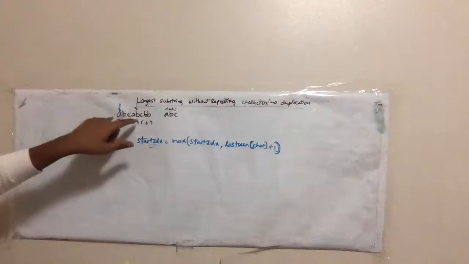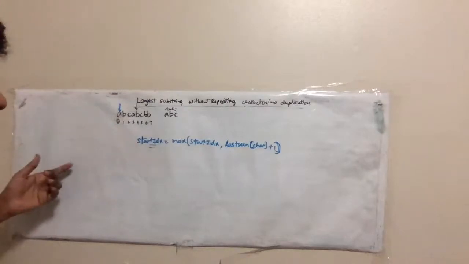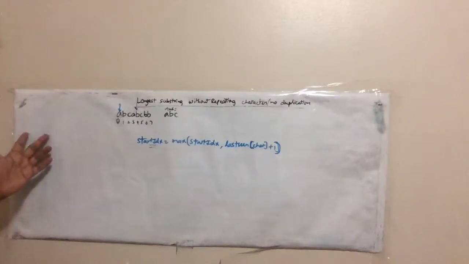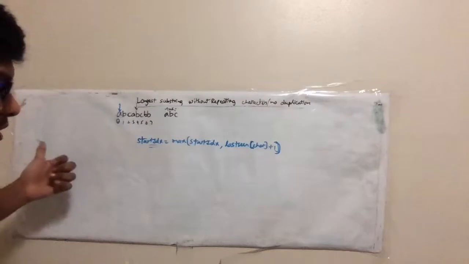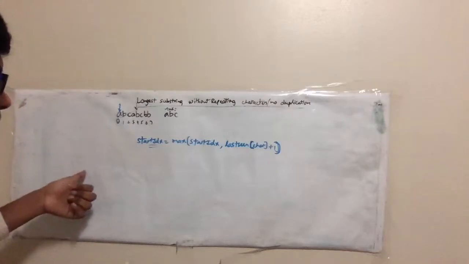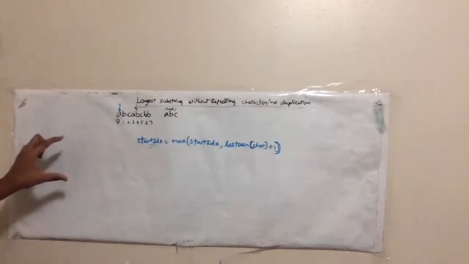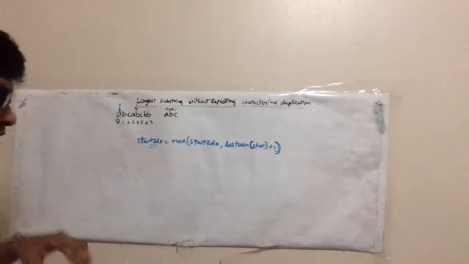So if two a's are present, in the hash table only one a will be captured, and so the space complexity is big O of m. M is the length of the hash table. Okay, that is the time and space complexities.